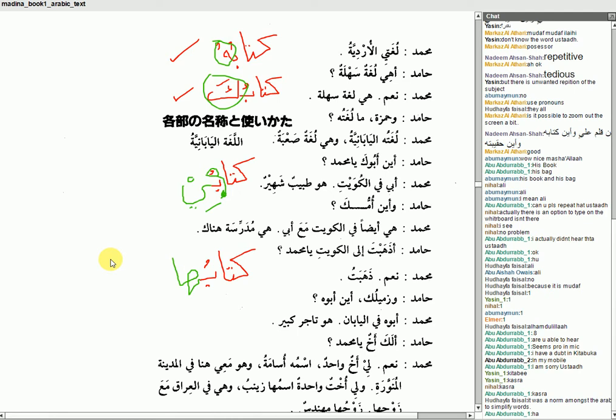So ha alif. Ha. Kitabuha. I think I'll improve the writing there so that you guys don't get spoiled. Okay. So one way people do it is like this. They kind of do it like an upside down 8.